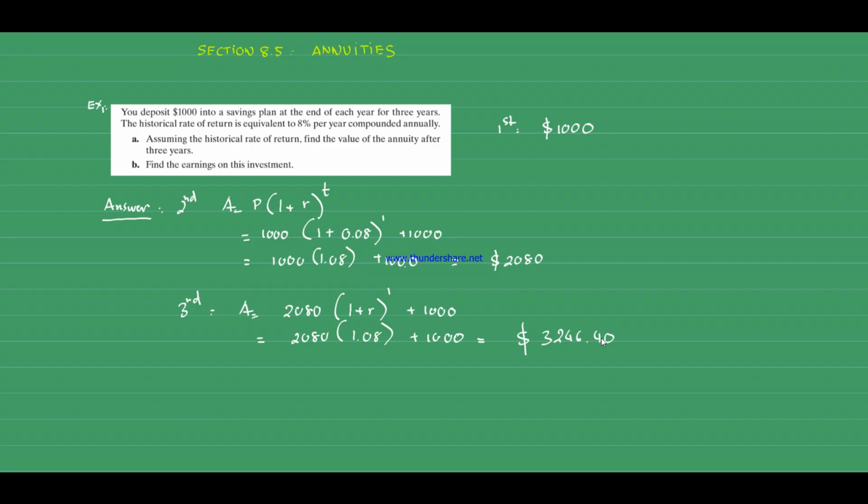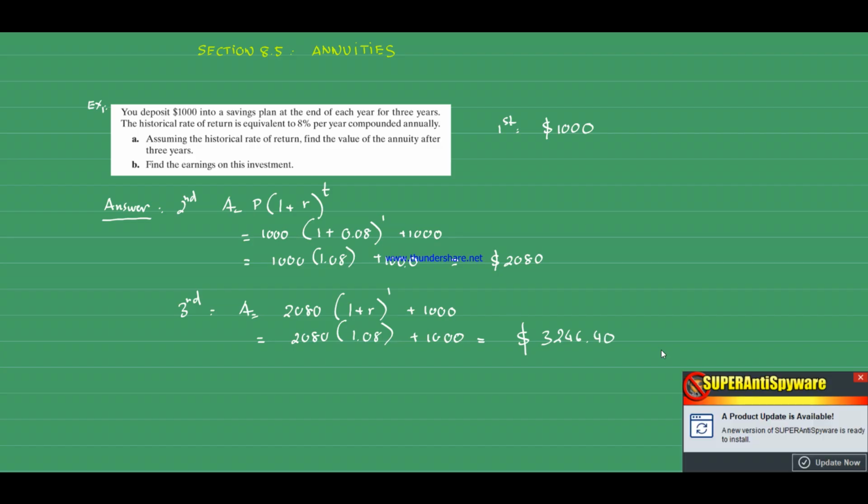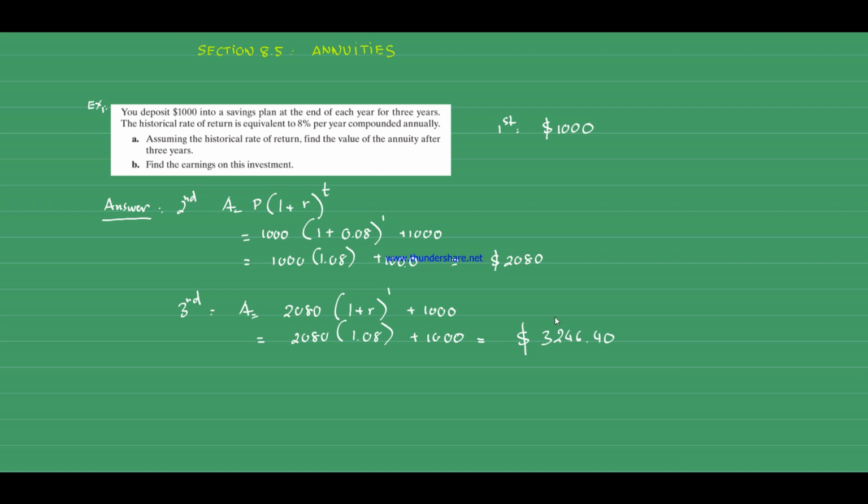Now, for question B, they ask for the earning on the investment. So we have to calculate the earning. We know that every year we pay $1,000, so we pay $3,000 in total. So the earning is 3246.40 minus $3,000.